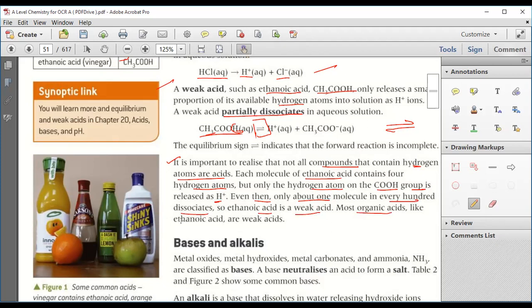Most organic acids like ethanoic acid are weak acids. What it is saying is that in ethanoic acid we have 4 hydrogens, but only one hydrogen is released, which means it is a weak acid. Clear? Any doubt? No. Okay.